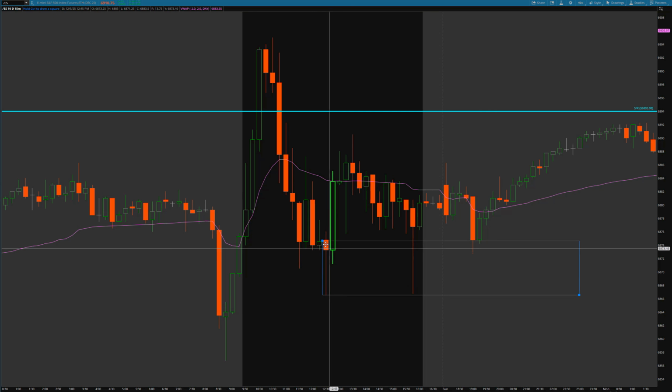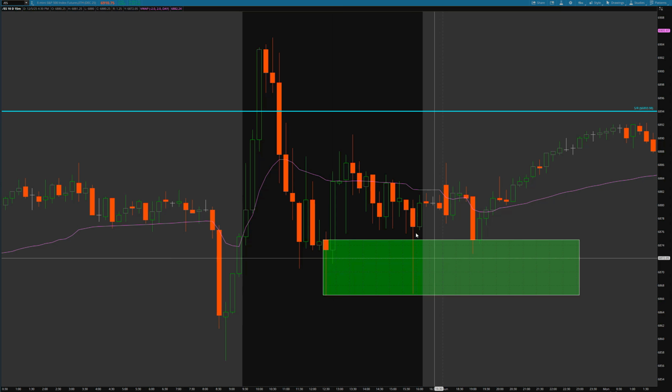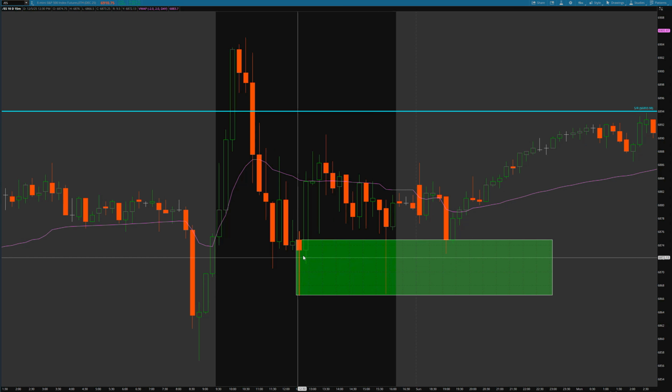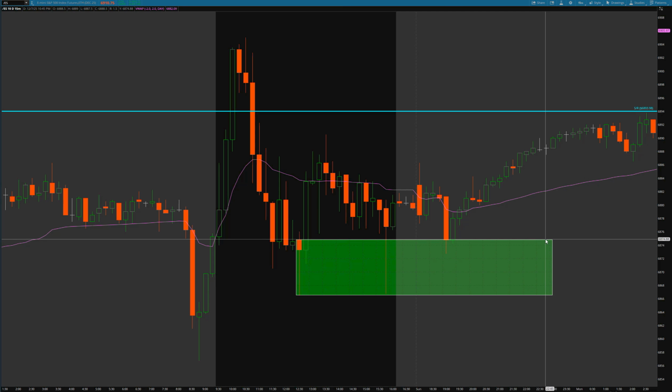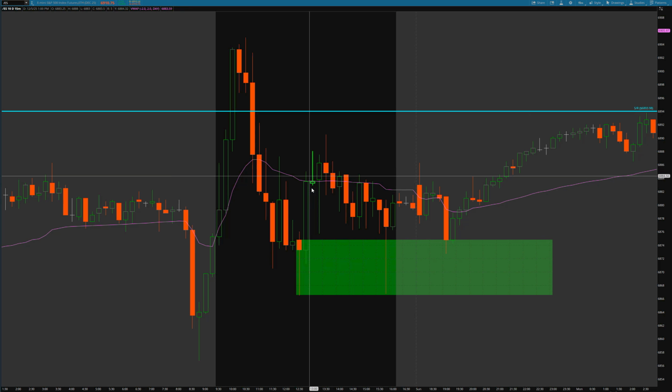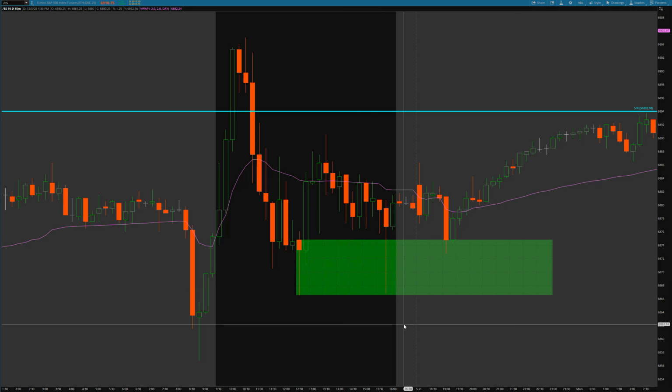So for example, here we have a 15-minute demand zone that formed intraday in the S&P 500, and the market moves up, the demand zone gets created, and let's say that you're interested in a pullback into this zone. And if we're using order flow, a good example of what you guys might want to see is trapped participants.